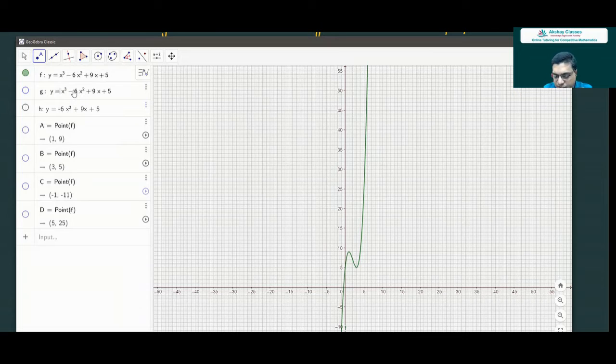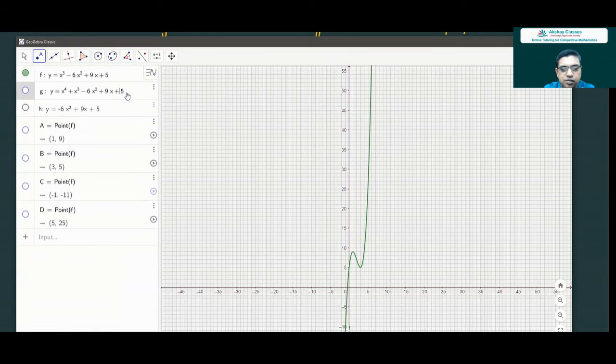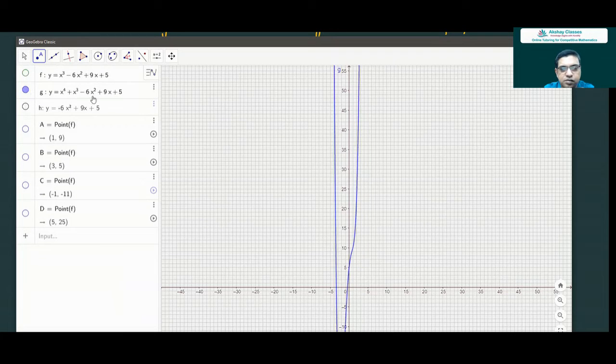See here, g of x, to which I'm adding x power 4. I will add 0, 1, 4.